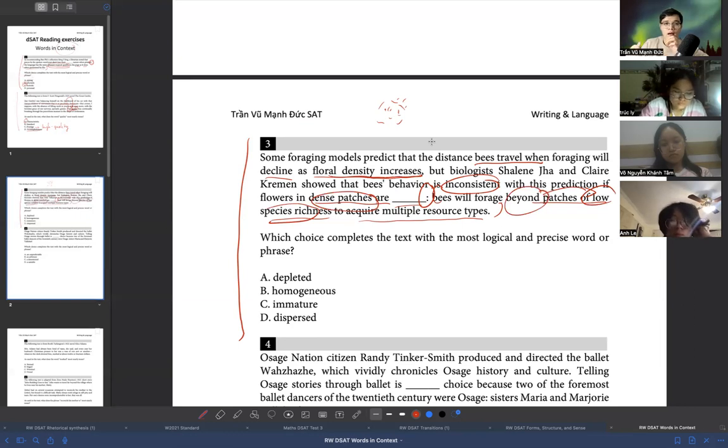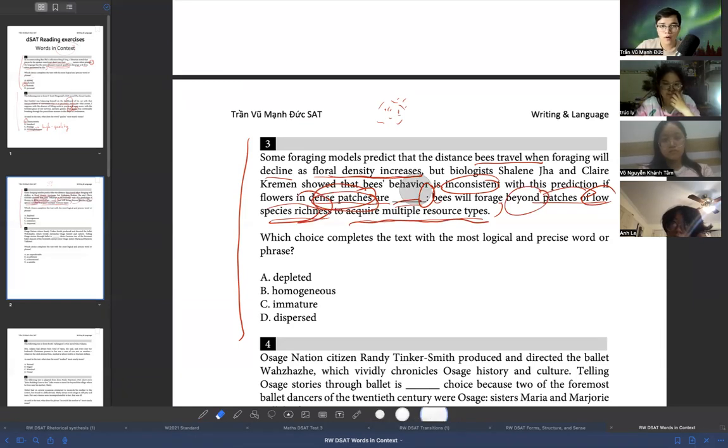In this case, the floral density is still there. Dense patches are something that will make the bee travel farther away. So there's one key: low species richness to acquire multiple resource types. So they are traveling beyond patches of high density but with low species richness. So the word we're looking for right here is: in dense patches that are low in species richness.